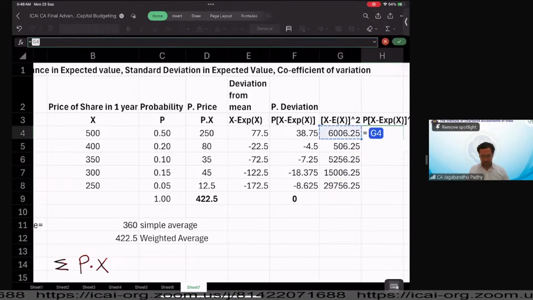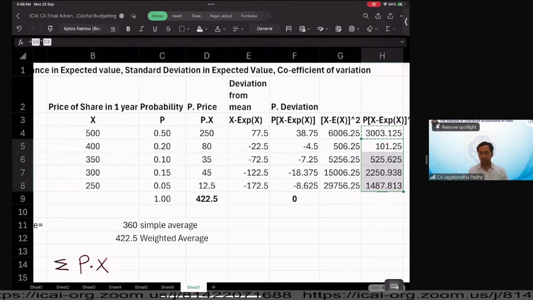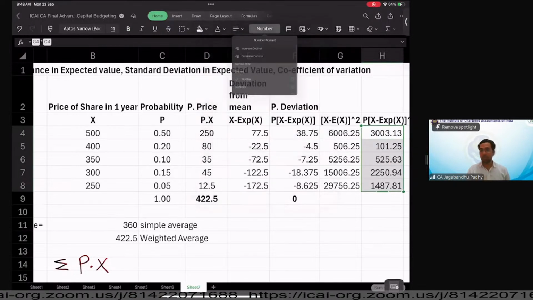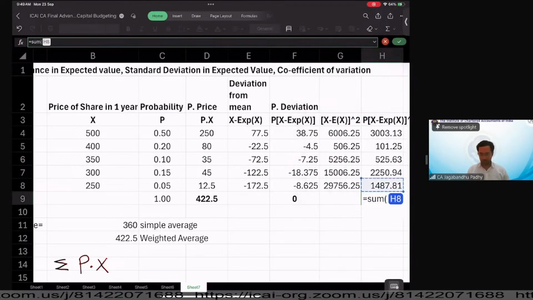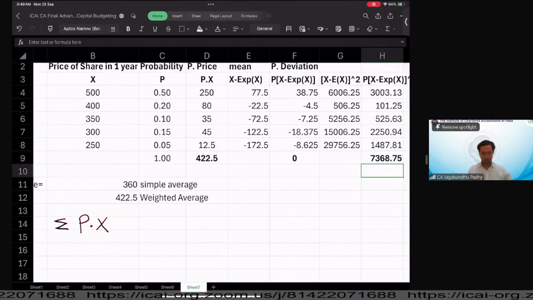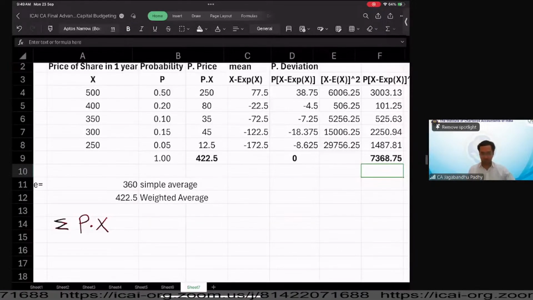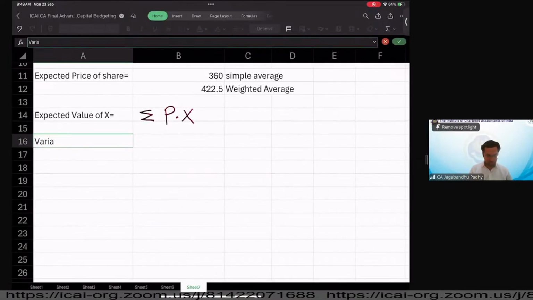Now let us multiply this with the probability numbers. Now we observe all the deviations are having positive values. And then when I take a summation of it, I find that it is fully positive. And the number that we have computed over here is called variance.